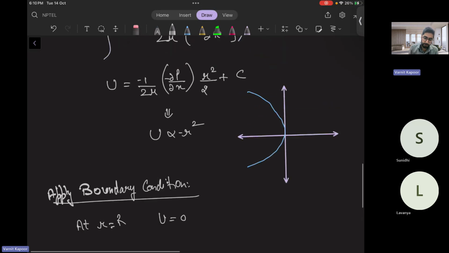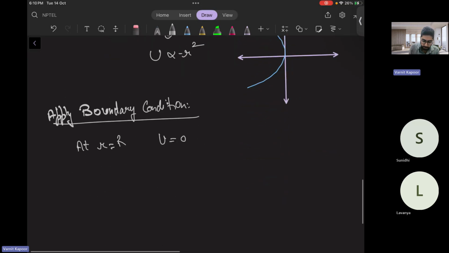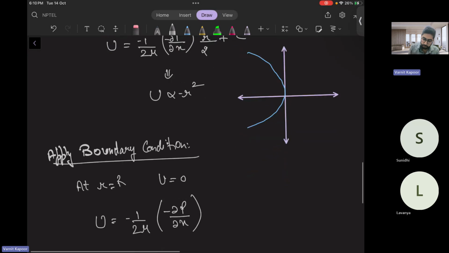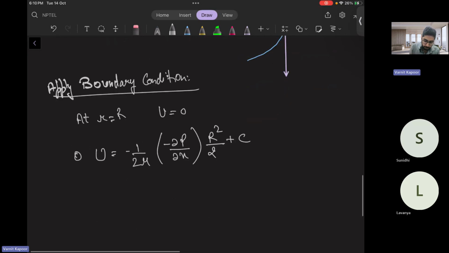So put this value in the above relation: U is equal to minus 1 by 2 mu, minus dou p by dou x, into r square by 2, plus c. And this is equal to 0.